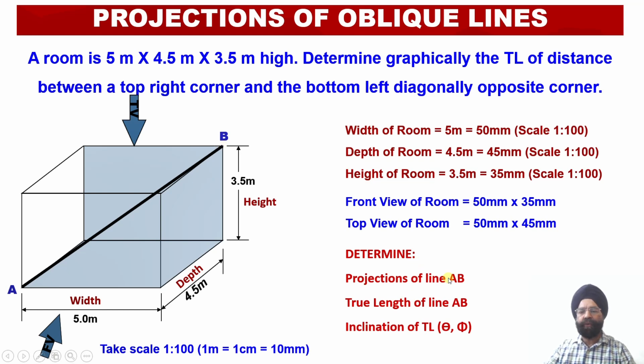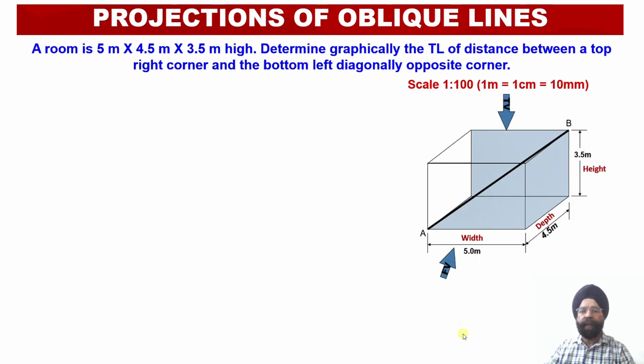So this we are going to draw in the orthographic projections, and thereafter we are going to use the principles of the rotation of the line method to evaluate the true length of the line AB in the front view as well as in the top view. And finally, we will be evaluating the inclination of this true length, that is theta and phi angles with the horizontal plane and the vertical plane.